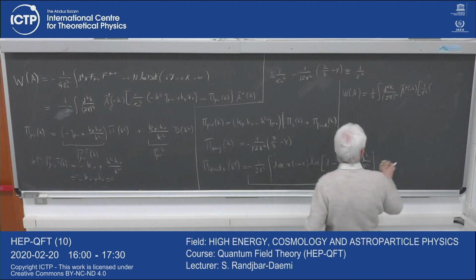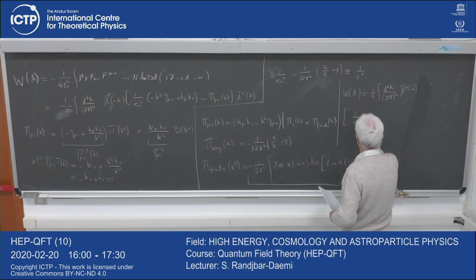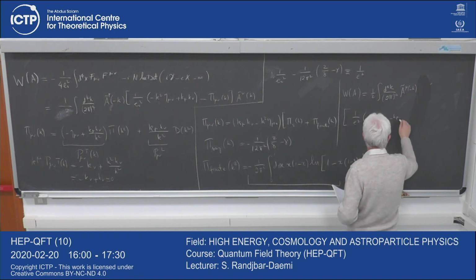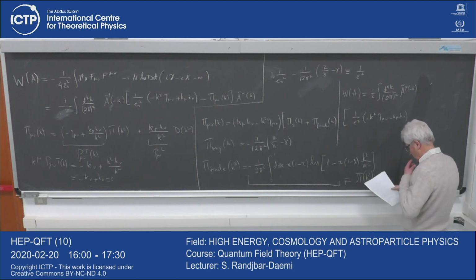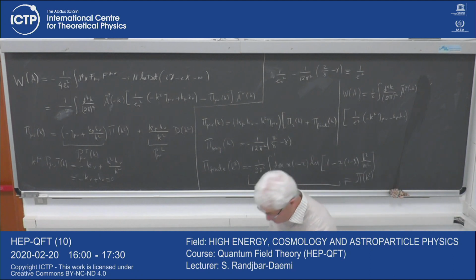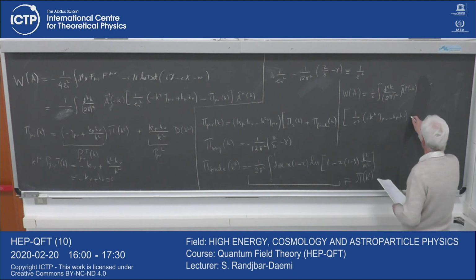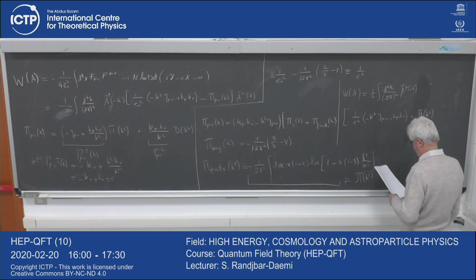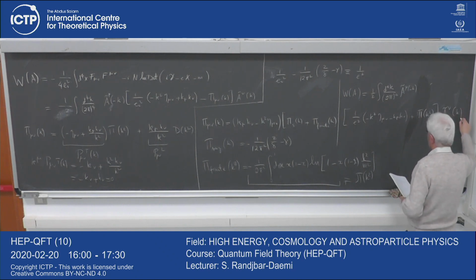not enough space here. So I go to the second line, 1 over e squared times minus k squared, A mu of minus k, A nu of k, plus pi of k squared times A nu of k.